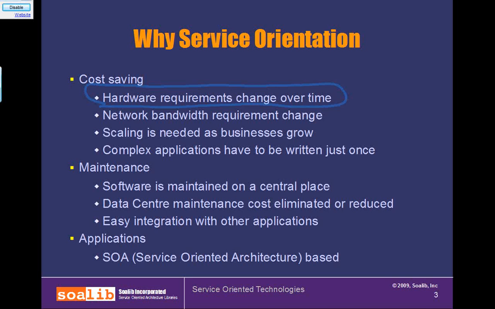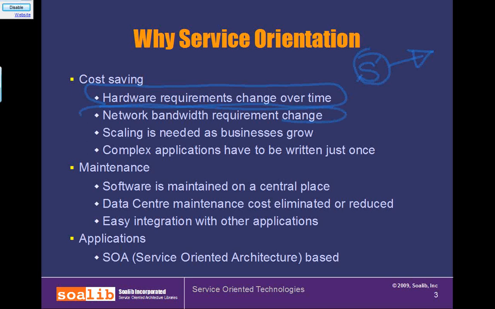All these have to be maintained by the service provider. So if the software which provides the utility is offered as a service, then the service user doesn't have to worry about this hardware replacement and maintenance.